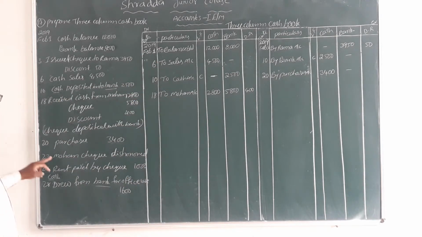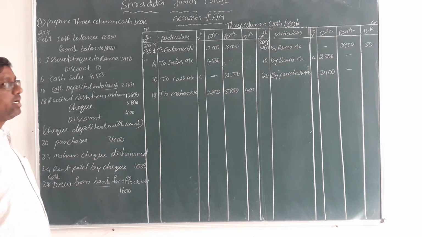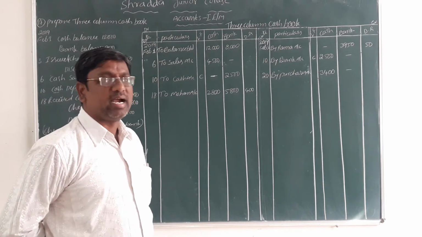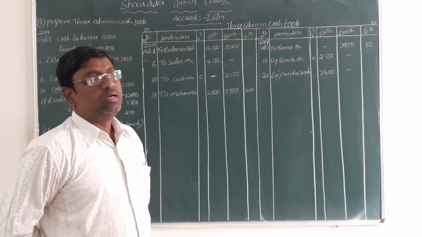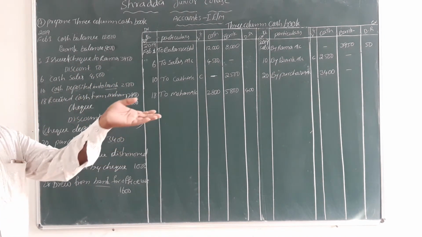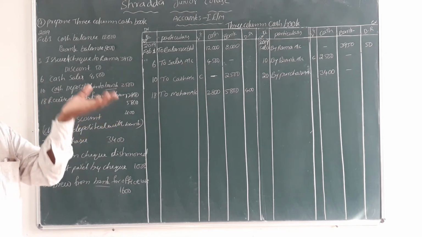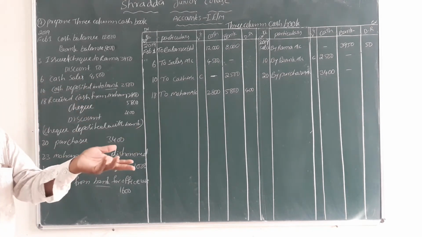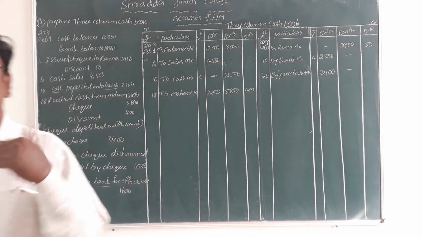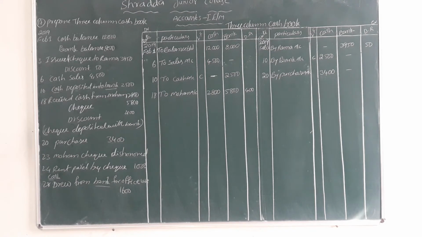Okay. Next one. Mohan check dishonored comes return. Okay now, this time we record on the credit side, as it comes back now. So that's why there is a payment. When the check is returned, the check comes back to us automatically, isn't it? The check payment was made, so which side is it recorded? It is recorded on the credit side. Okay? Whose check? Mohan's check dishonored. When Mohan's check fails and the failed check is given to us, where should we write it? Here the bank is giving.